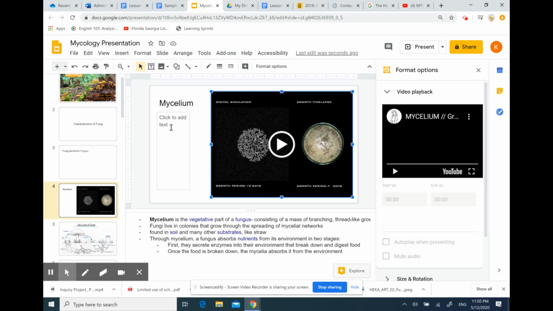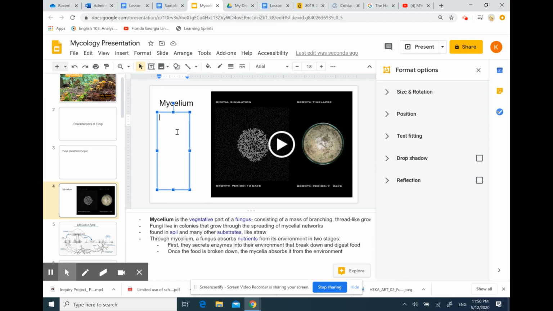If I did want to keep some text here, then maybe I would say it is the part of fungus that grows underground. And I would switch this out so it's a little bit easier to see.